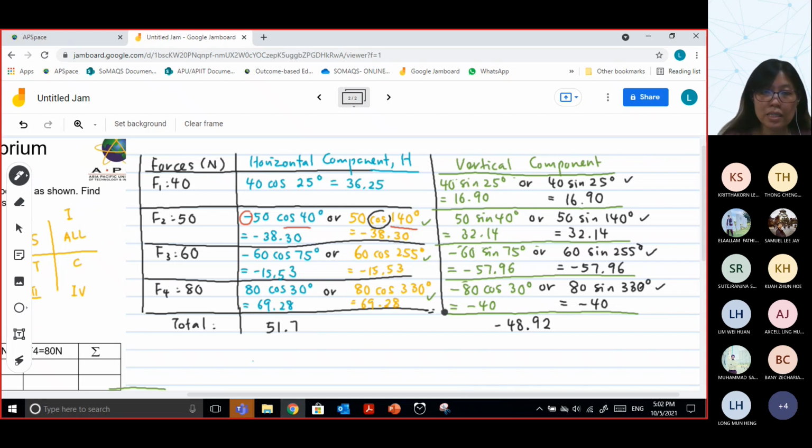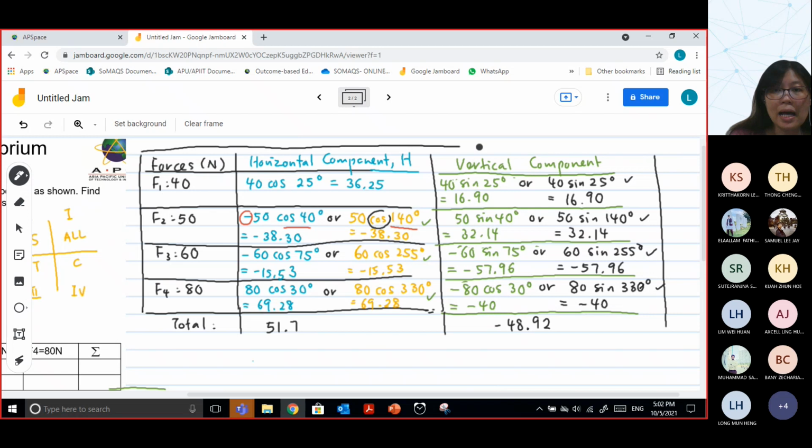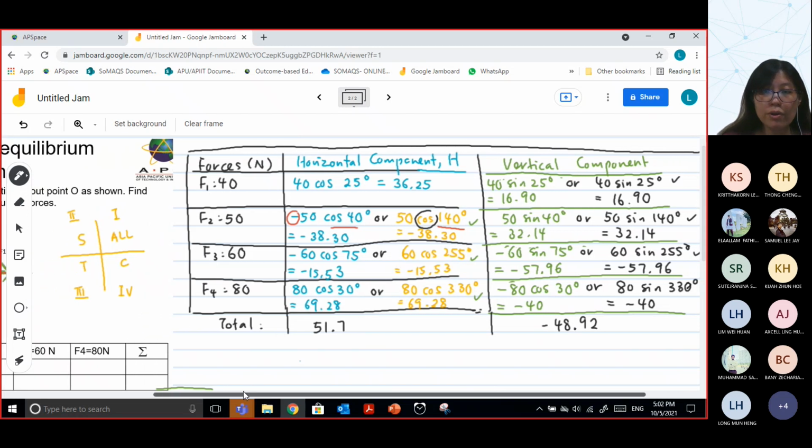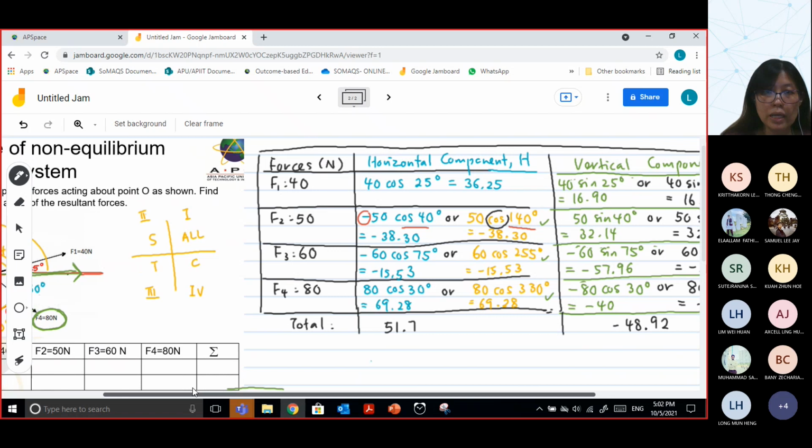This is the vertical component. So, as I say, I strongly recommend you to use the angle measured from the x-axis. Now you already have the total horizontal and total vertical components.